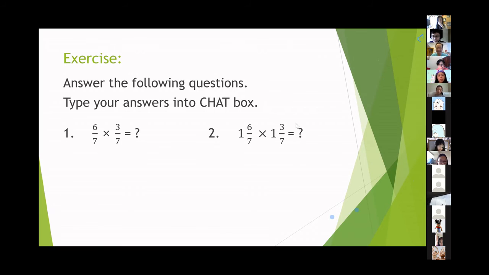Now I give you 15 seconds more if you are still working on number 2. Okay, now I can see many of you get the correct answers. You can check your own understanding.